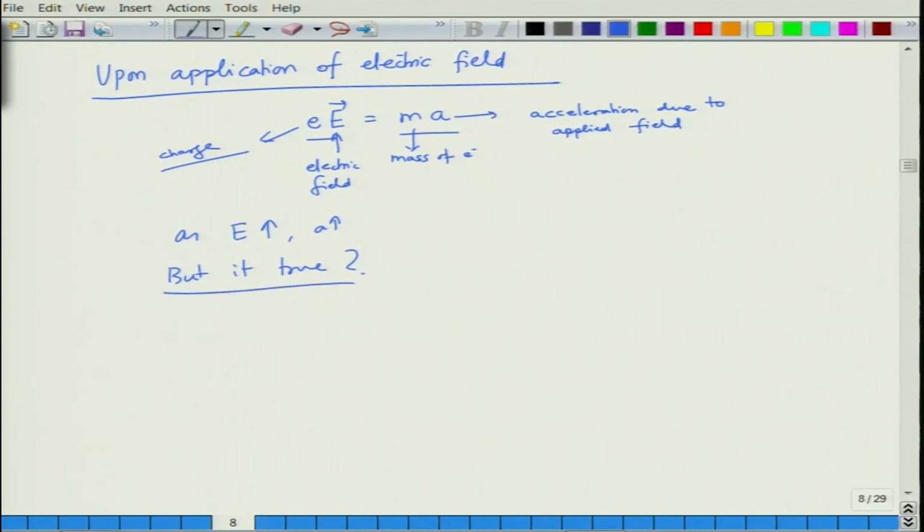No, it is not true. It is found that electrons do not achieve an infinite velocity.